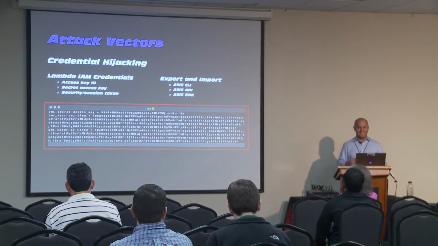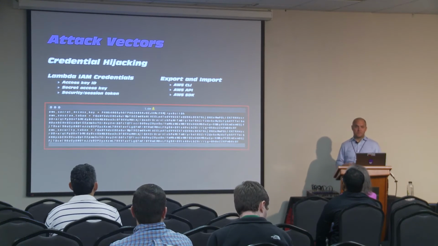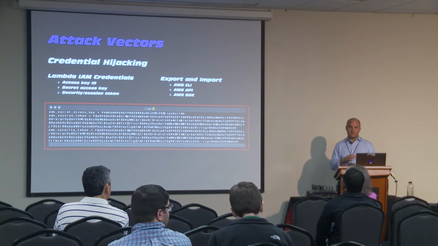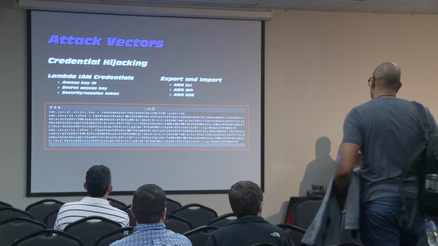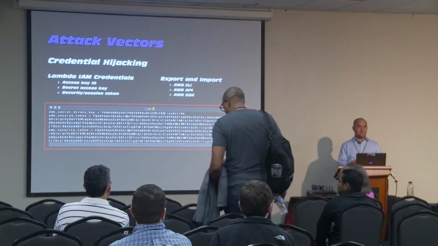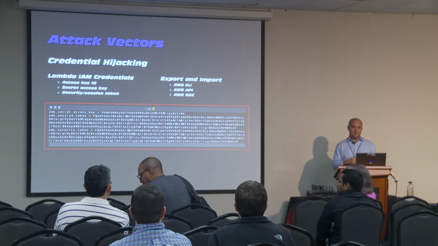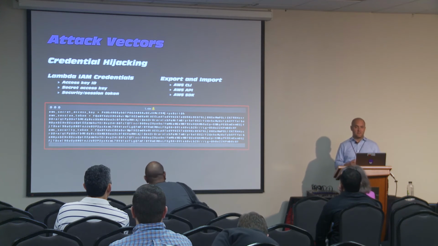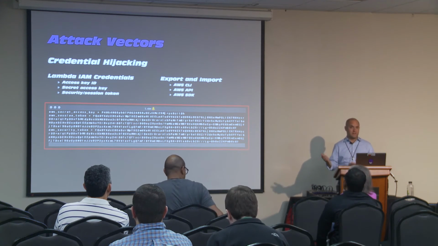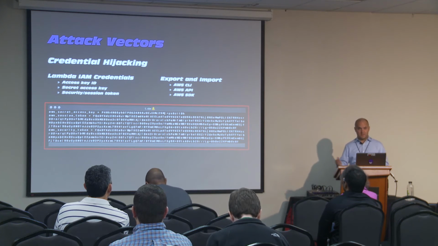And there's a file called credentials, where you can set up different profiles with different credentials. So what we'll do is extract those credentials from the Lambda function, put them in the credentials file, and then whatever we attempt to execute with the AWS CLI, we can execute with the Lambda's credentials and the Lambda's permissions.